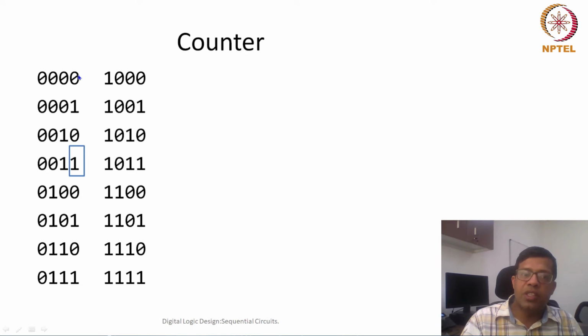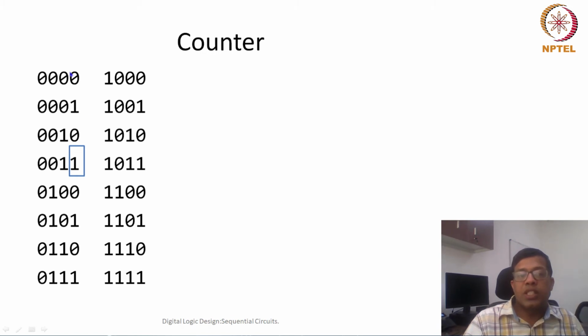Every next number is the inverse of the previous one. So this looks like a 1-bit counter. Okay, it's a 2-bit counter.